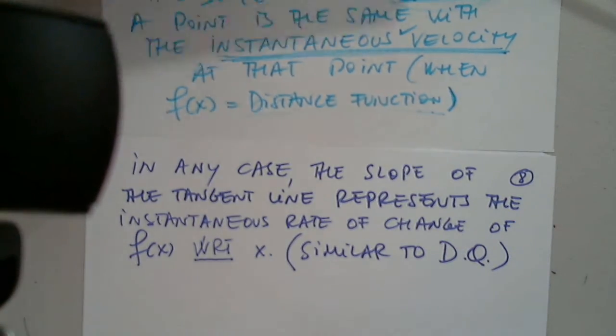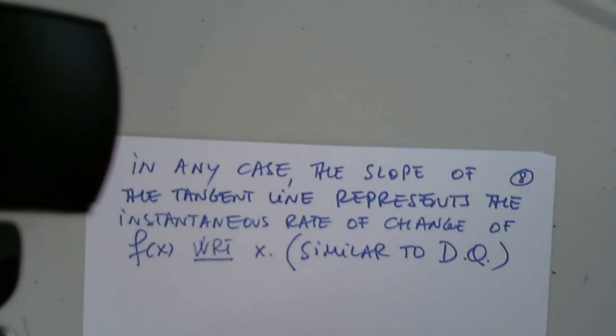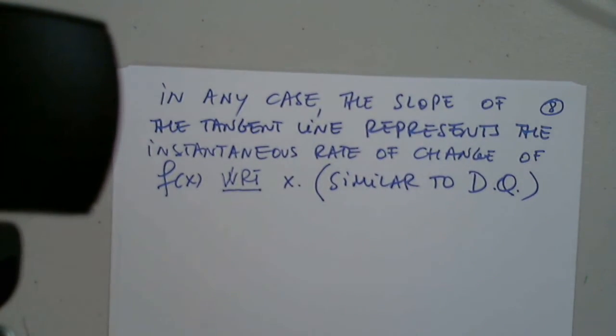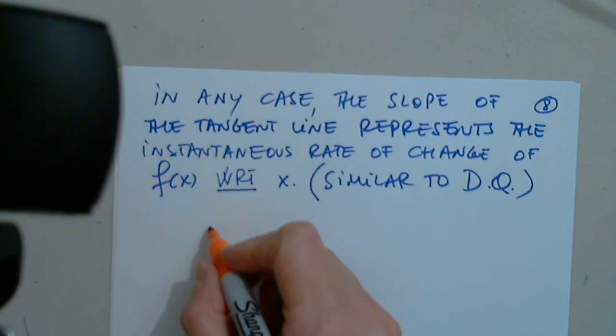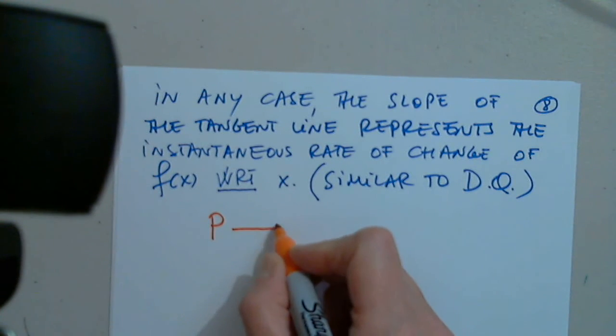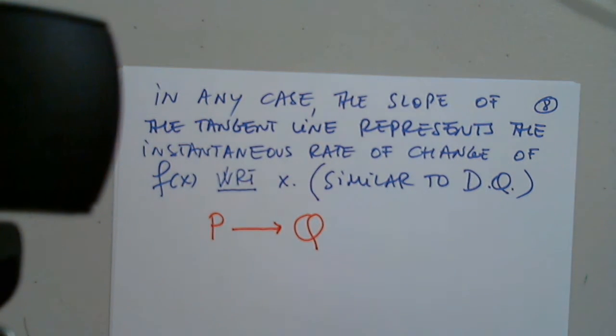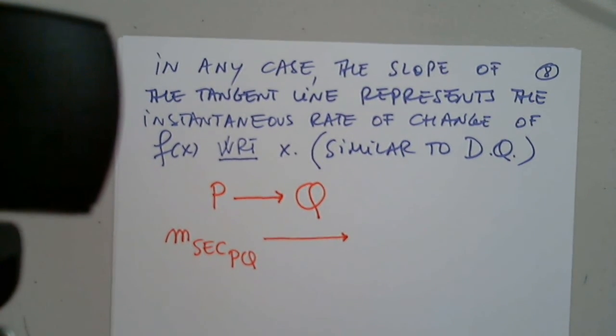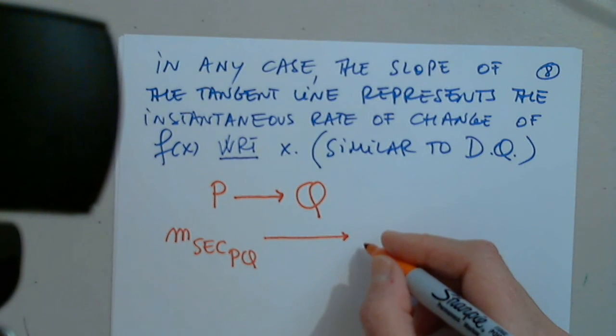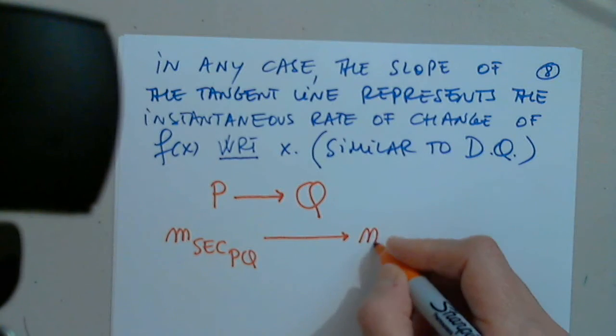Great. Now we are going to ease into something very important. When P gets closer and closer to Q, what happens to the slope of the secant line PQ? Does it get closer and closer to the slope of the tangent line?